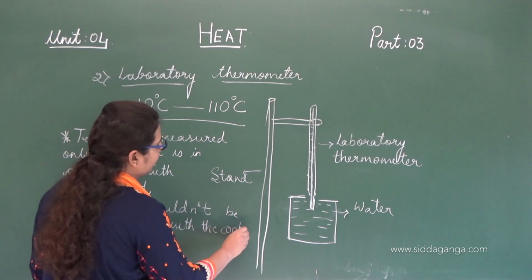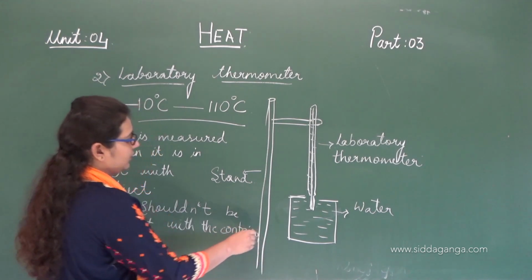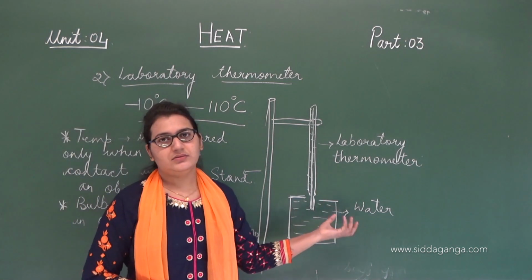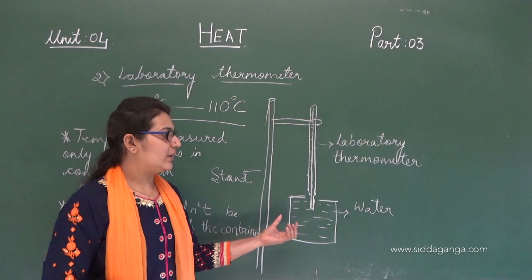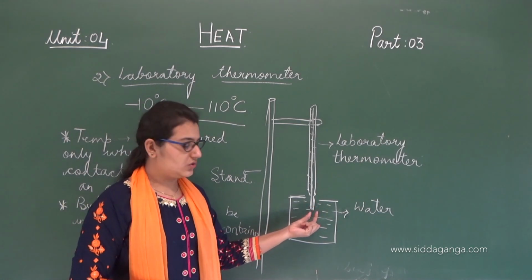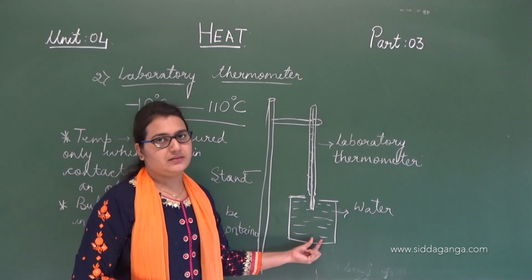One of the most important features again is that the bulb shouldn't be in contact with the container, or any object we are using. Here I have taken hot water. So when I am measuring the temperature of hot water, this bulb structure shouldn't touch the container.